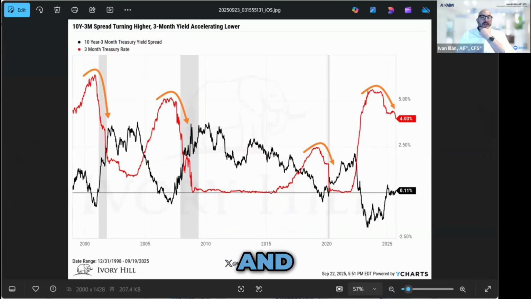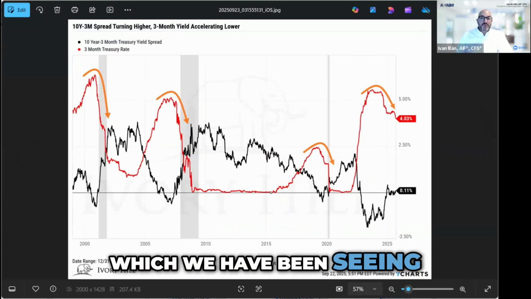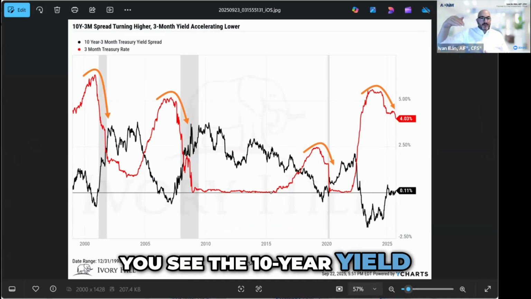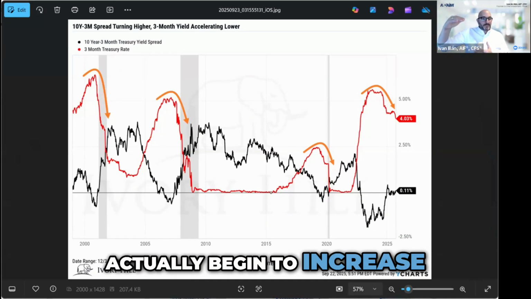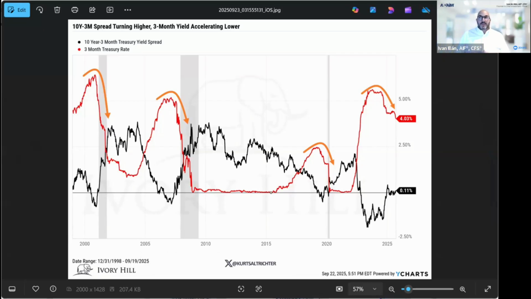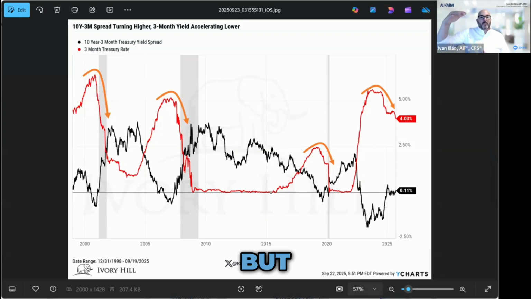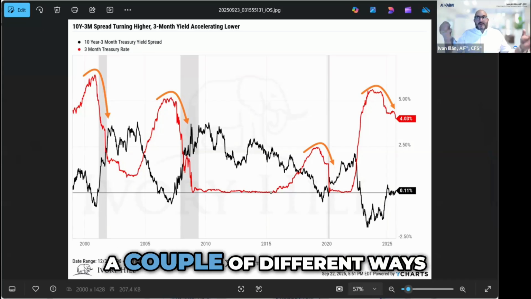And when the 3-month yield accelerates lower, which we have been seeing so far this year, you see the yield spread actually begin to increase, which usually is what we like to see. We like to see an upward sloping yield curve, but, and we've talked a lot about this actually, that can only happen a couple of different ways.